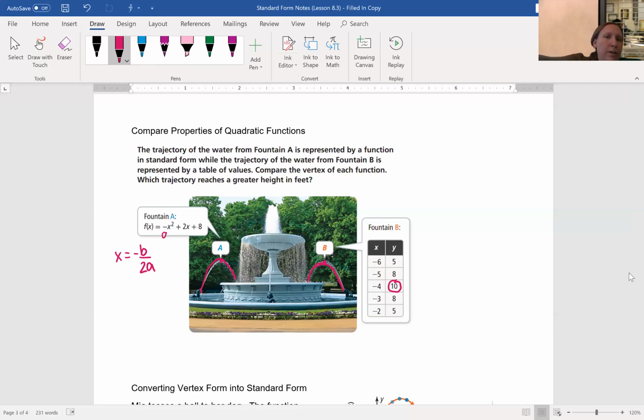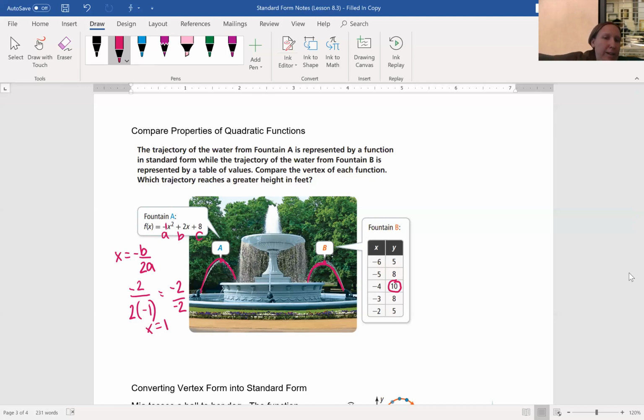Okay, we have a, b, and c. So -b is -2. Okay, 2 times a, and there's an invisible number there. A is -1. So this would be -2 over -2. Which means our axis of symmetry is 1.